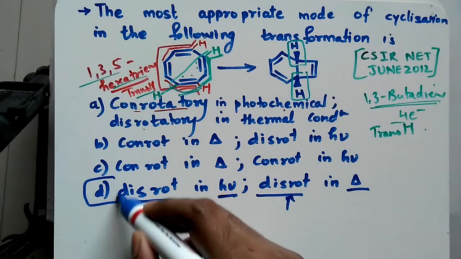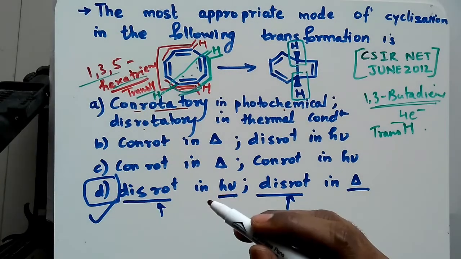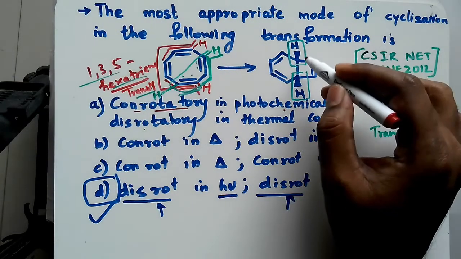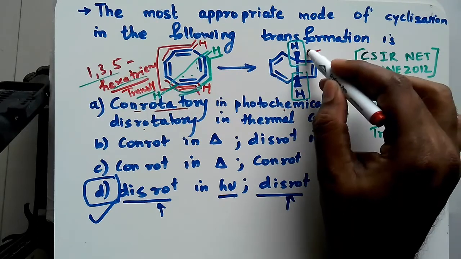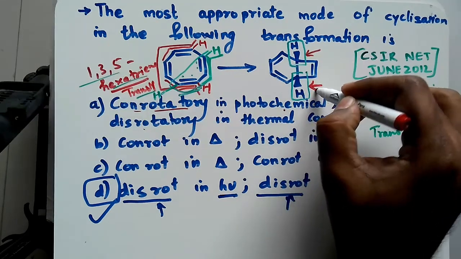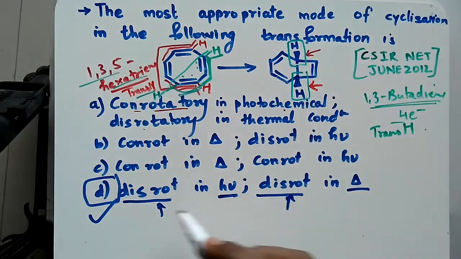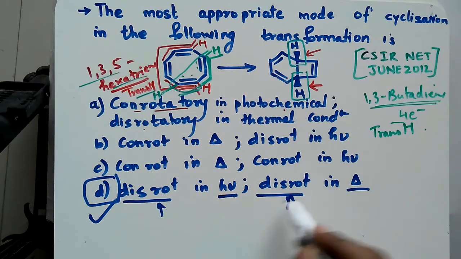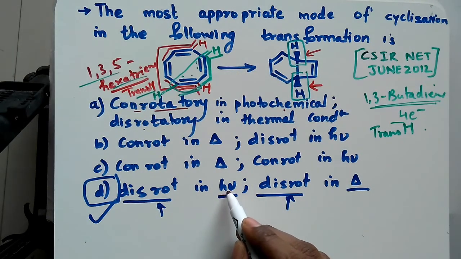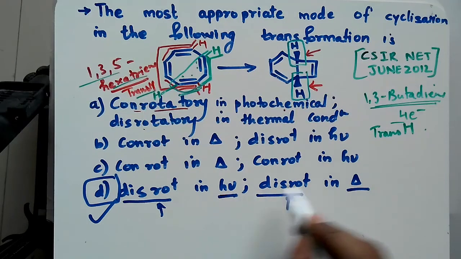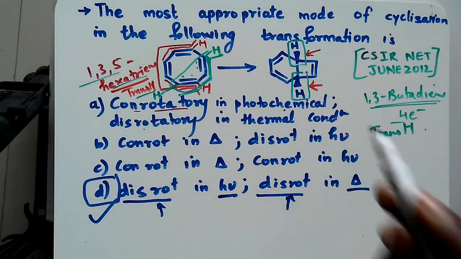So option D is the right choice. The important piece of information is that the hydrogens are cis, and to get the hydrogens into cis position, we always need dis-rotatory motion, and in both conditions, photochemical and thermal, it is possible.